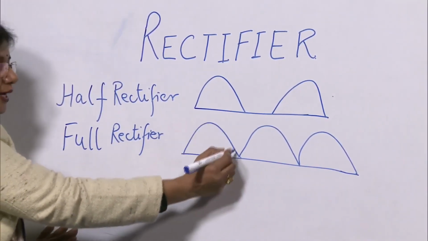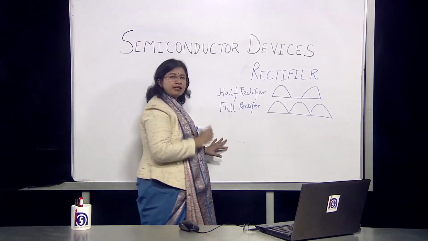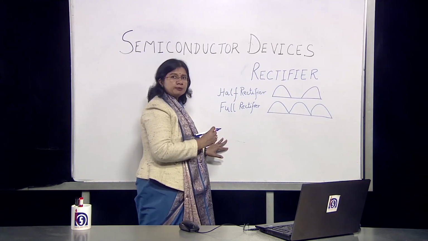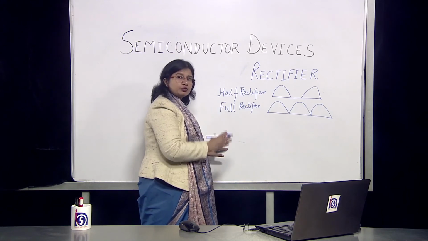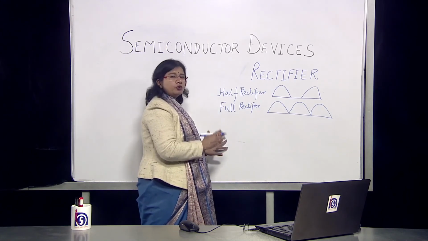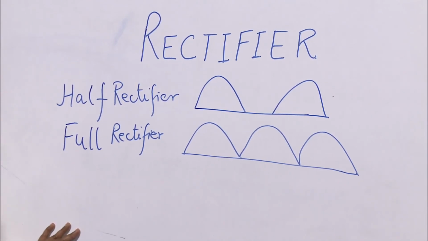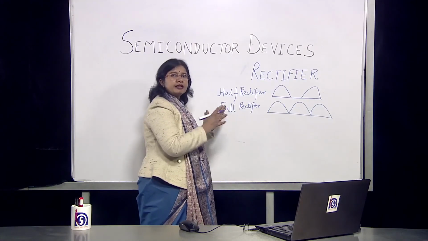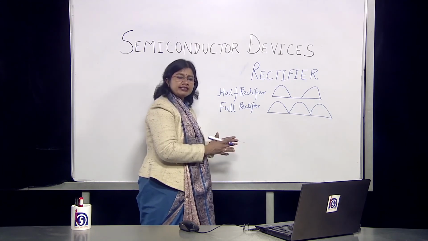There are fluctuations in the output, which means that it is not a perfect DC output. From rectification, I require DC current. There are fluctuations over here, even though both the positive as well as the negative cycle is conducted during full wave rectification. So, we need to reduce this rippling effect and we need to make it a perfect DC.